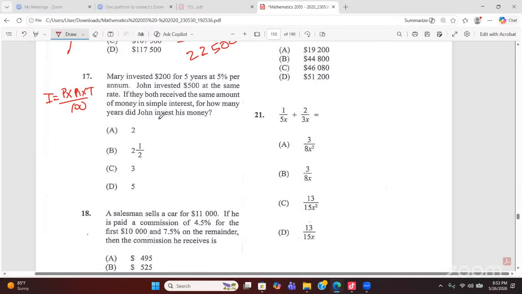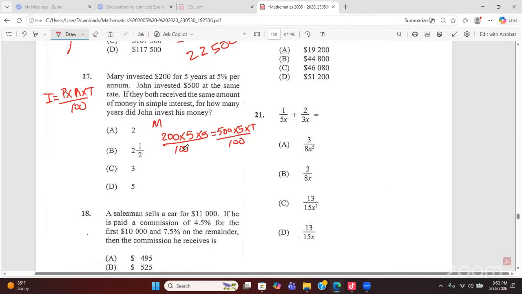So I'm going to put Mary on the left. Mary invested $200 at a rate of 5% for 5 years. That's Mary's interest. This is John: $500 at the same rate, and we want to find the time that it took him. So you can just work this out and find t.